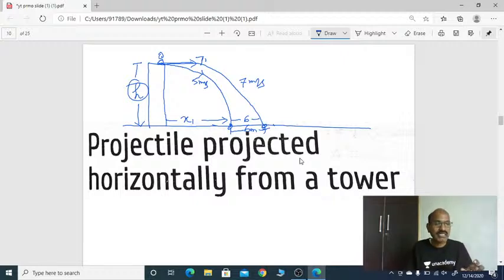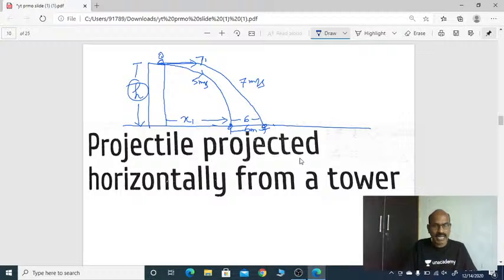In this basic concept, understand that whenever a body is projected horizontally from the top of a tower, the time taken by the body to reach the ground is always the same. Keep in mind, the main concept in horizontal projectile motion is that the time taken to reach the ground will be the same.